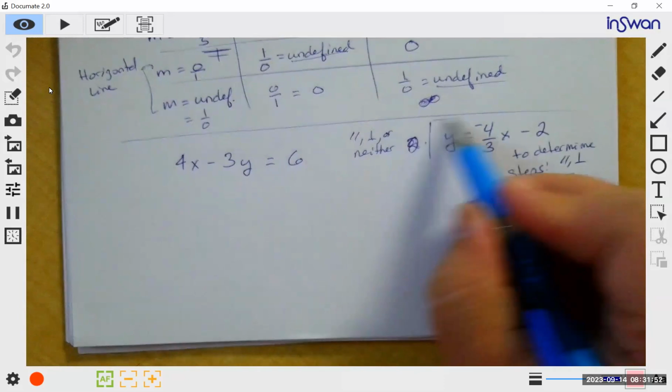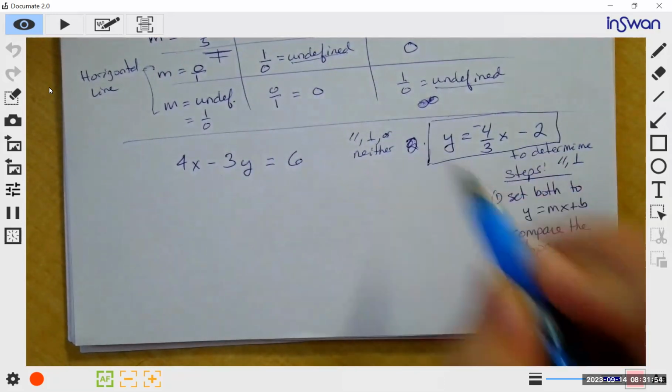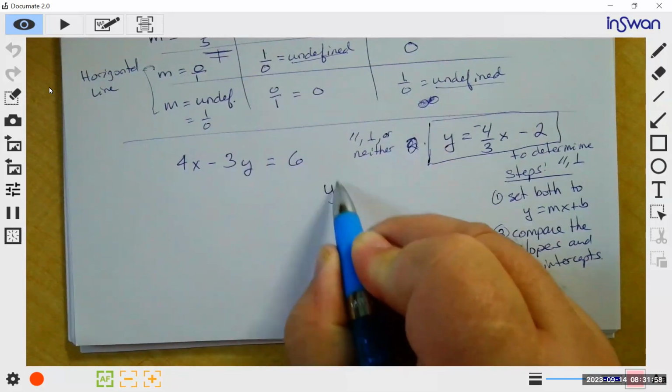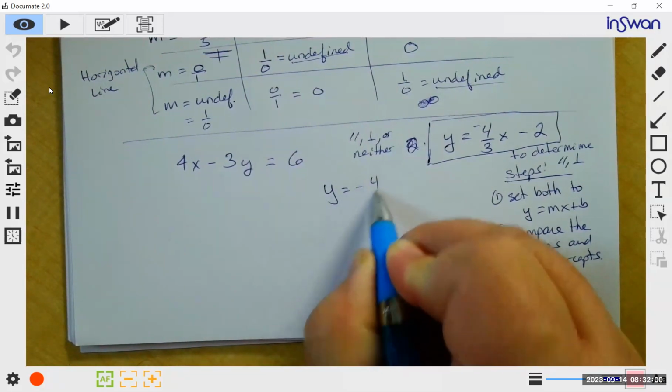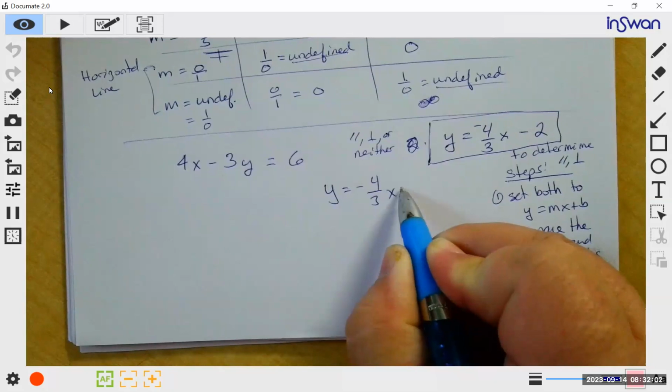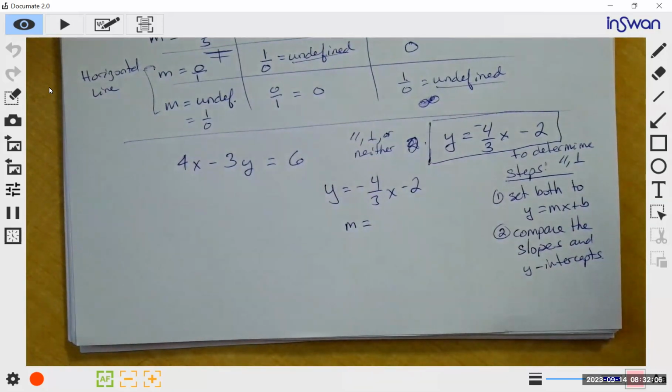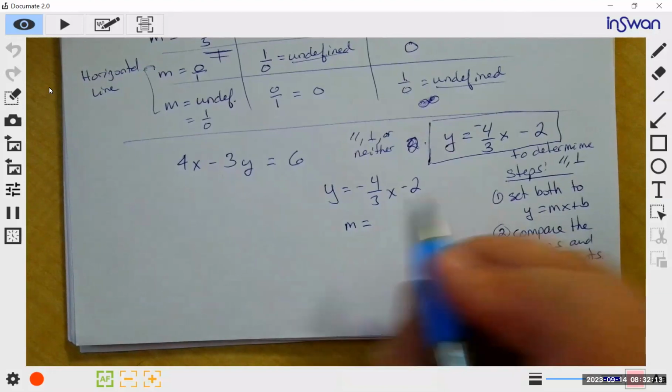So this one's already done. Line 2 is -4/3 x minus 2. So the slope is what on that line? Yes.